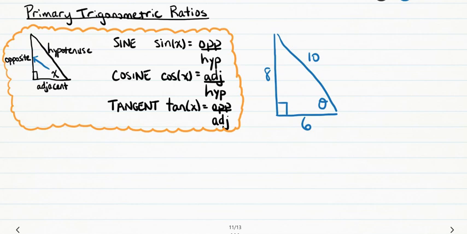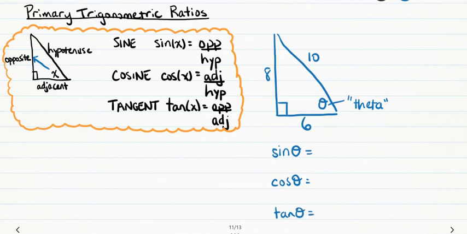And sometimes we often use Greek letters to represent unknown angles as well. So this is the Greek letter theta, and it's just going to be used to represent our reference angle in this case. So if I listed the three primary trigonometric ratios for the angle theta, the sine ratio for the angle theta, the cosine ratio for the angle theta, and the tangent ratio for the angle theta.